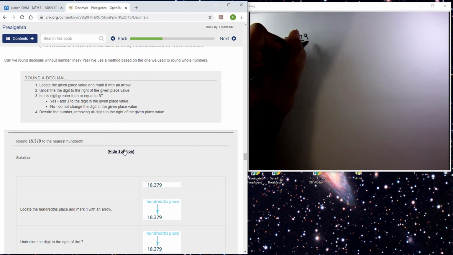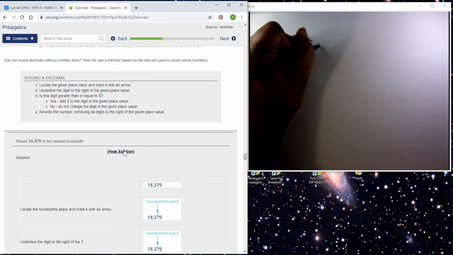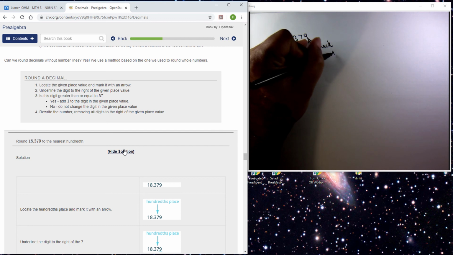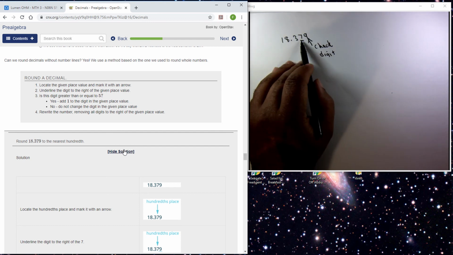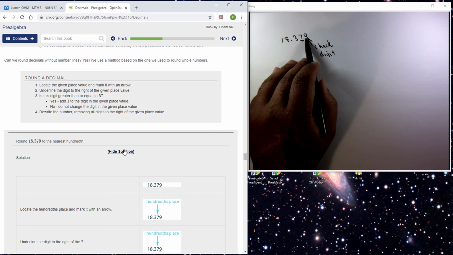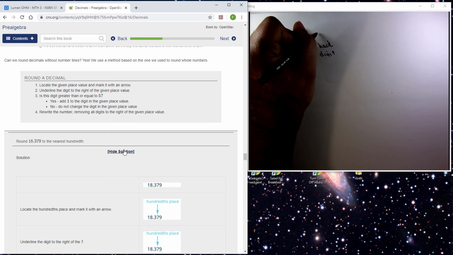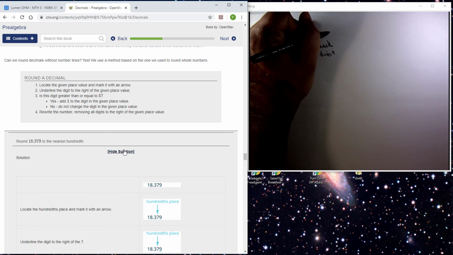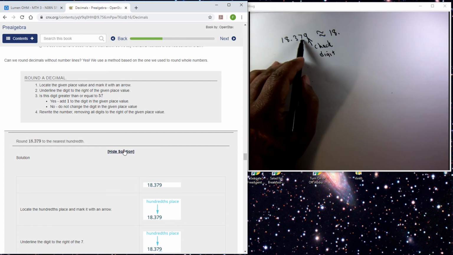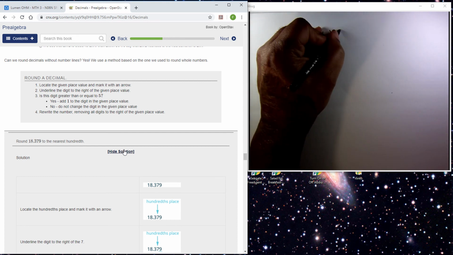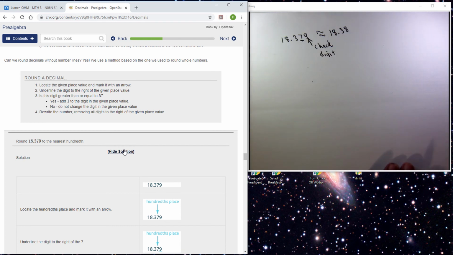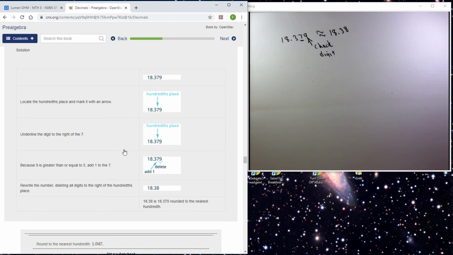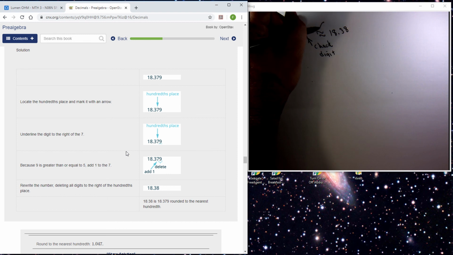Then my check digit is going to be the place after that. That's my check digit. It'll tell me whether to round up or down. So I see that it's 5 or greater, so I'll round up. So I'm going to have here 18.38. That's my nearest hundredth. See it there. And this simply means approximately.